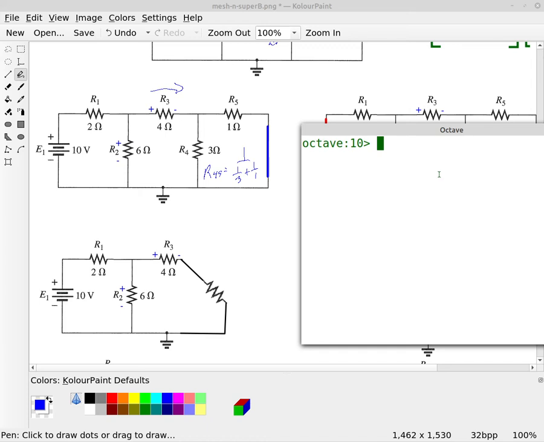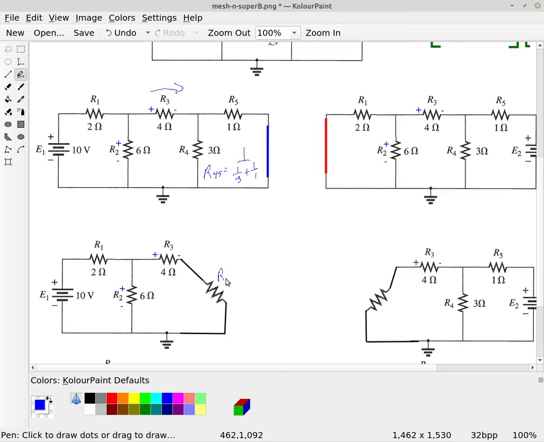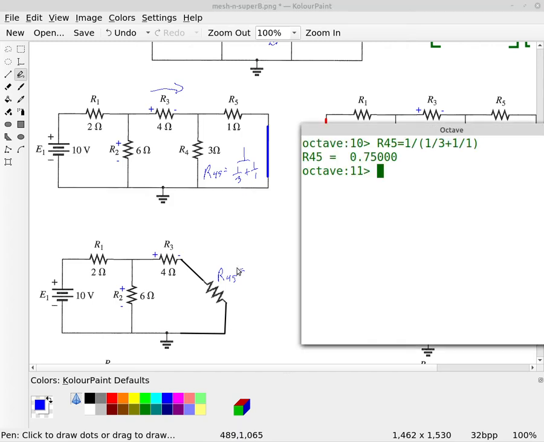So we have resistor R45 is equal to 1 over 3 plus 1 over 1, and so that gives us this resistor here, R45, and that resistance, that value is 0.75 ohms.